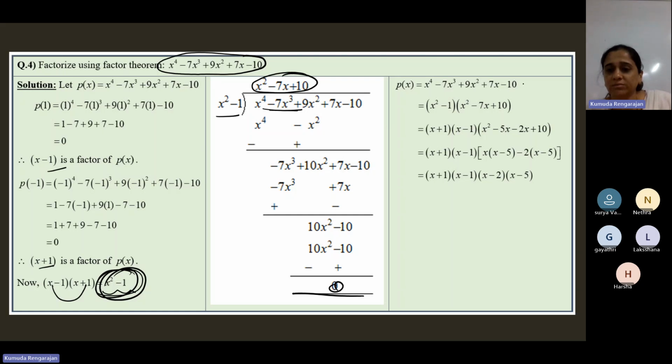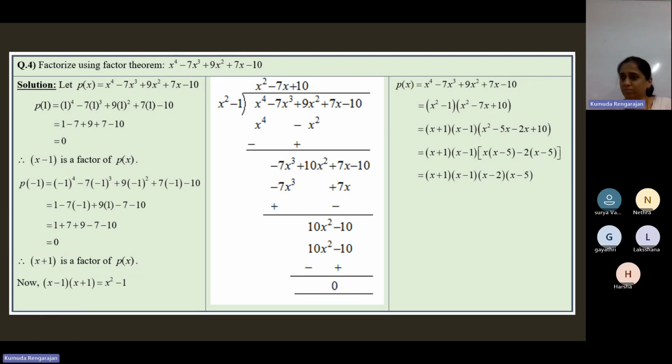Now division algorithm. Dividend is equal to divisor into quotient. This one is already factorized. You can pick it from here. Split the middle term, and you can see all the 4 factors here. That's all. This is the procedure. If it's biquadratic, find 2 factors, multiply the 2 factors, you will get a new quadratic factor.